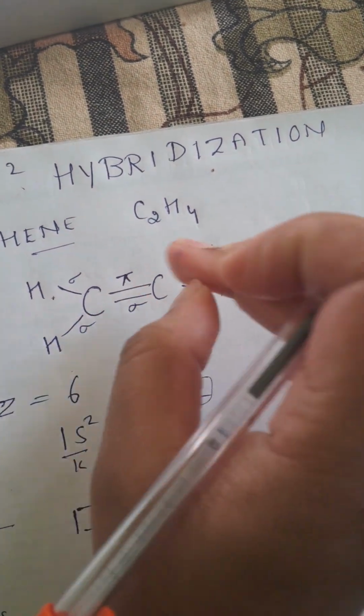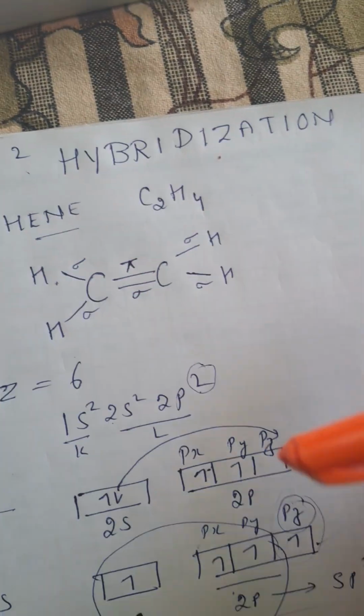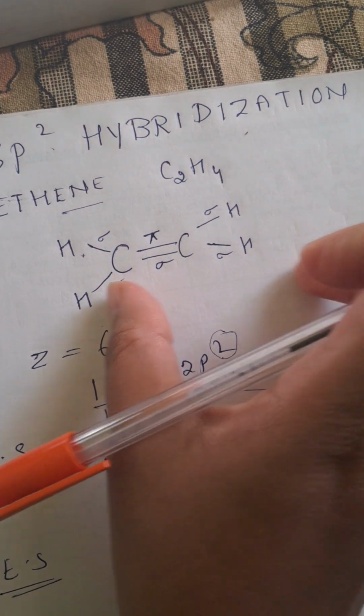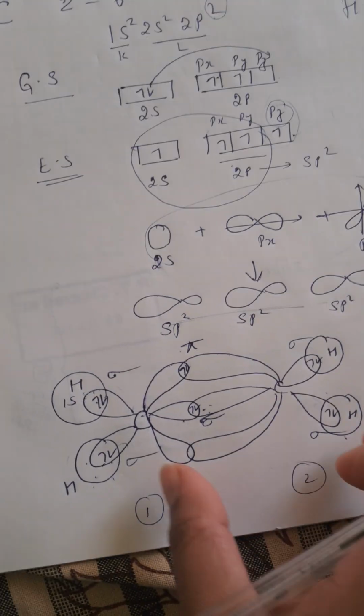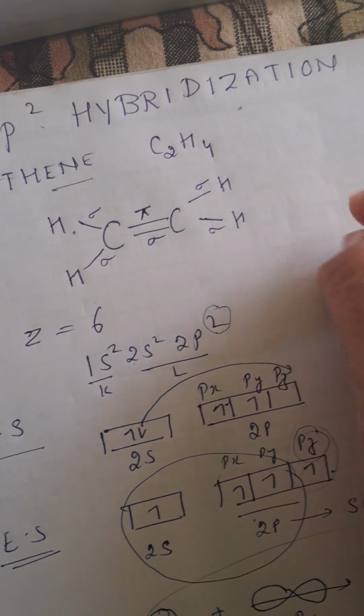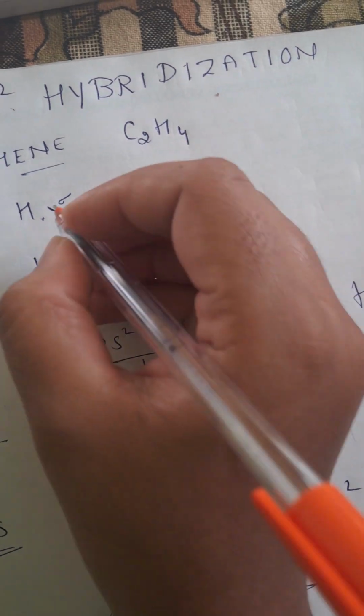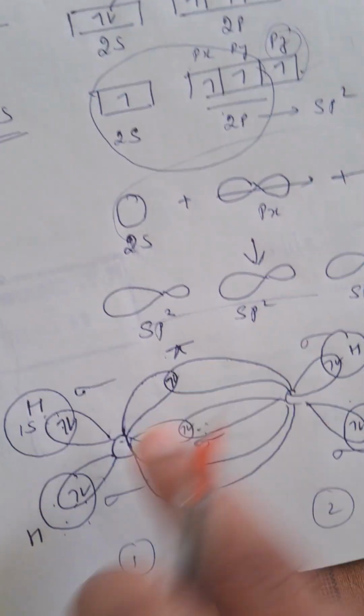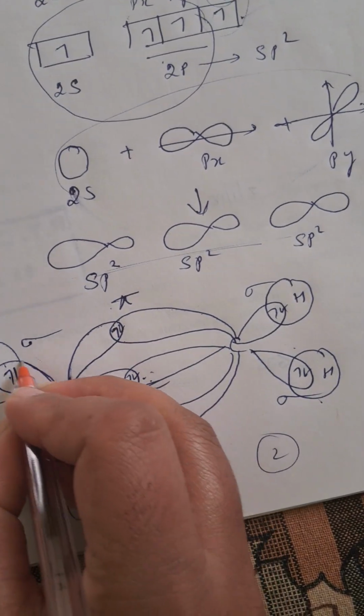So the count of the number of sigma bonds and pi bonds is very important. And this particular bond structure should be the same as per your hybrid structure. Now apart from this, what other important questions can be expected in this topic? The shape. What is expected here? Just look at this carbon atom. I will just highlight this.